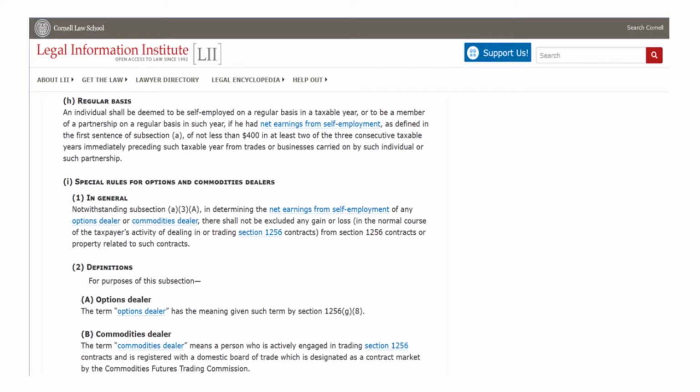All right. So the thing here is that to determine that you have a business, the IRS has 9 factors to ascertain whether your business is a legit business or a hobby. We're going to put them on the screen right now.